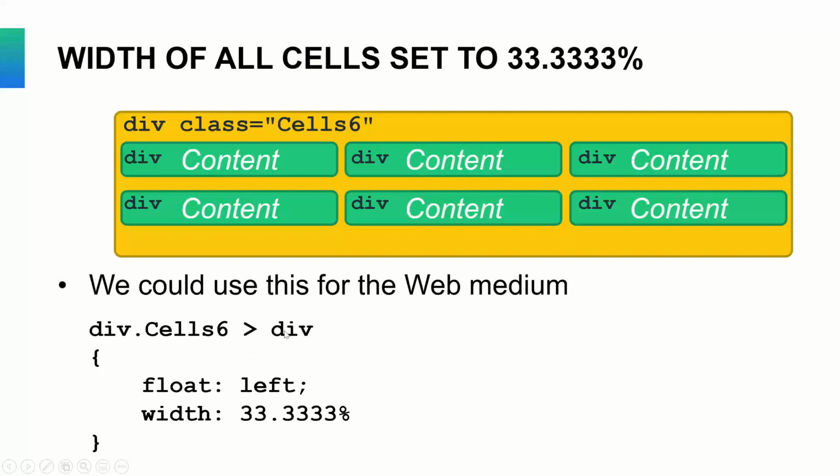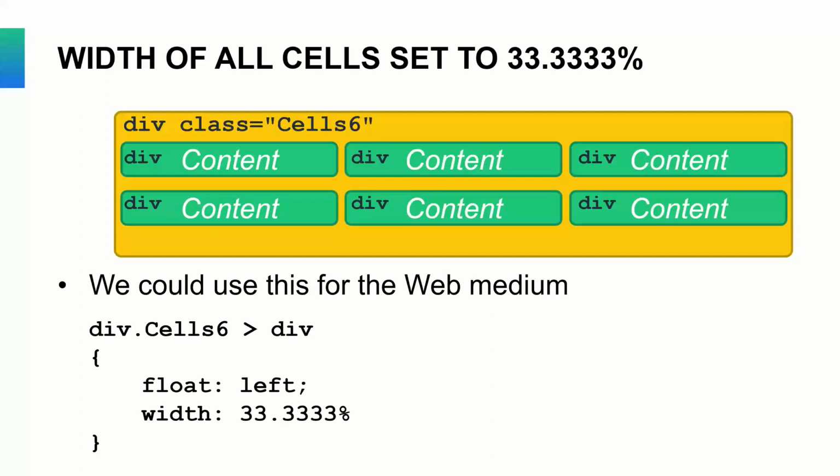It's basically saying any div that is inside of a div with the cell 6 class should float left and be a third of the width of the container. So just by putting that tiny bit of CSS into my style sheet, I make all those divs appear laid out in that way.